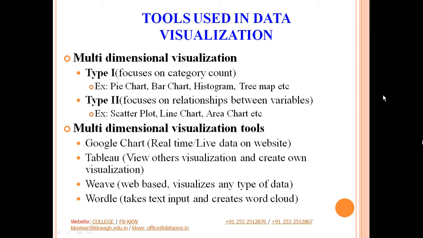Google Chart is the first one, which is related to placing live or real-time data on a website. If you want to do this, you can make use of Google Charts. Then second is Tableau. There are various versions of Tableau available, including a free version called Tableau Public, which we will discuss.